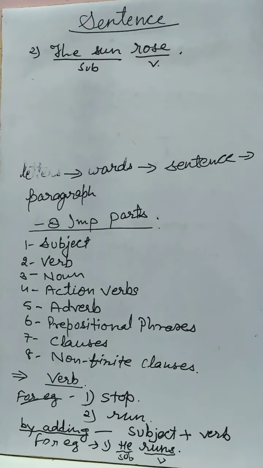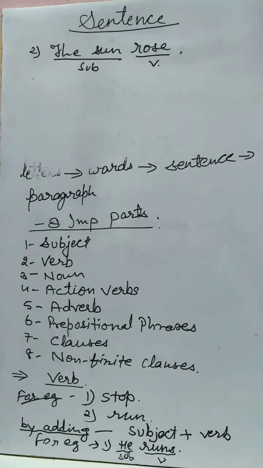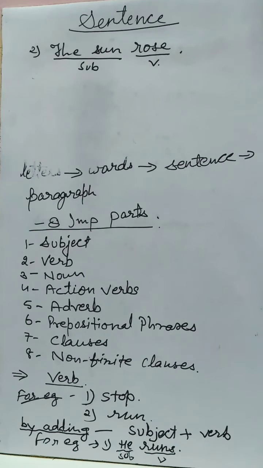Now to make a larger sentence than this, इससे भी बड़ा sentence बनाने के लिए we have to add some more words, or you can say we have to add some objects. They may be noun, adverb, adjective, action verb, prepositional phrases, clauses, and non-finite clauses.